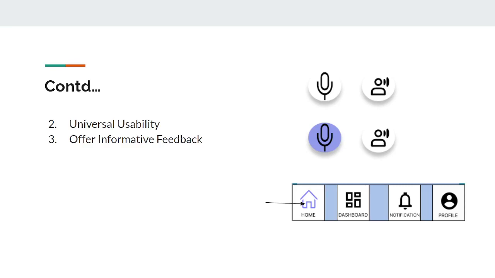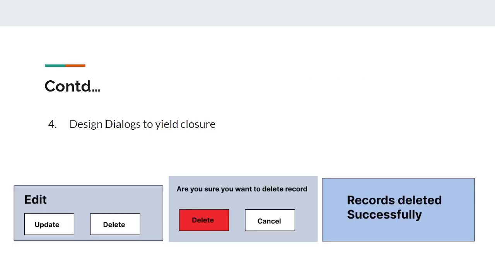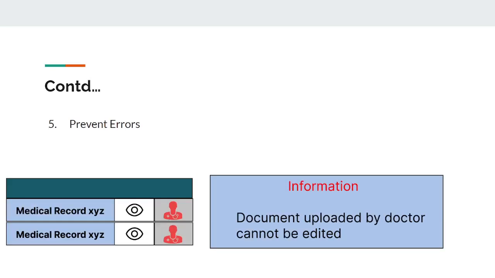There is a feature for enabling voice command and text to speech for differently abled people, ensuring universal usability. These buttons are highlighted whenever selected, which ensures informative feedback. Dialogues are developed to ensure that a sequence of tasks is completed, as shown below for deleting a record, whereas information is provided clearly to prevent errors, as shown in the slide.